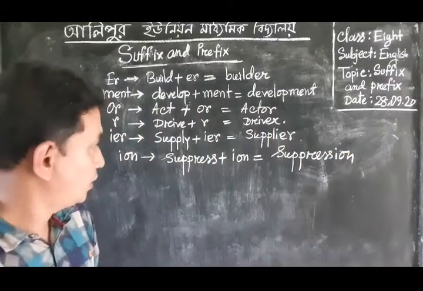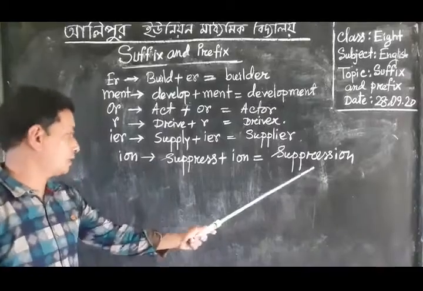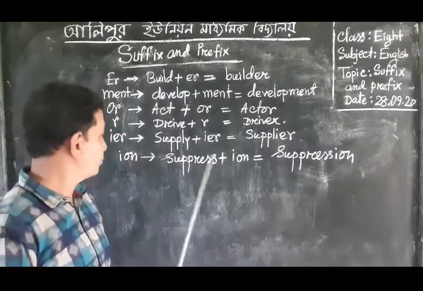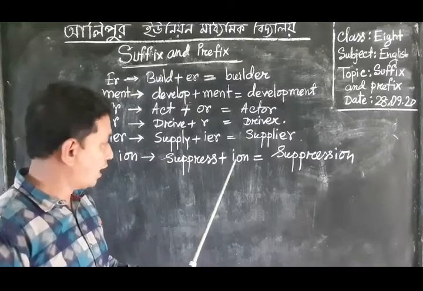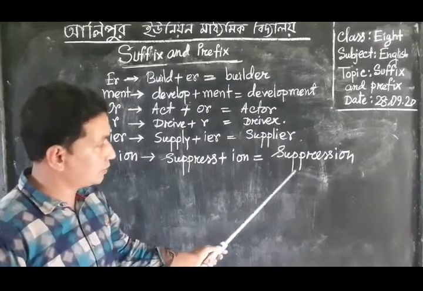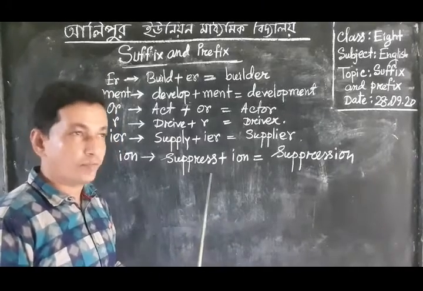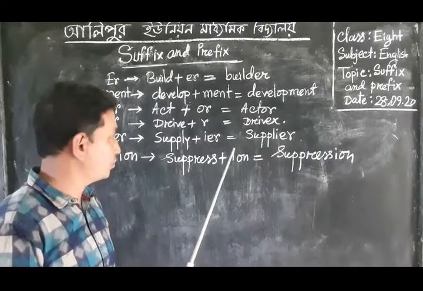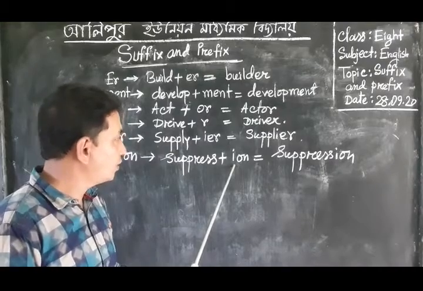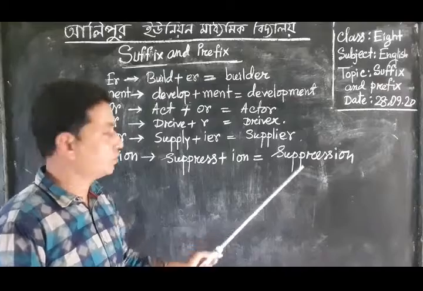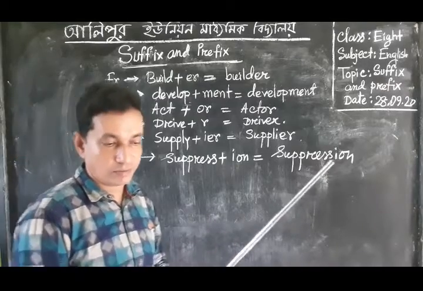Suppression. Our new word is suppression. Here the word suppress is a verb, and at the end of the verb we have added "-ion", and our new word is suppression. Suppression is a noun, and suppress here is a verb, and after the verb we add "-ion", and our new word is suppression. So "-ion" is a suffix.